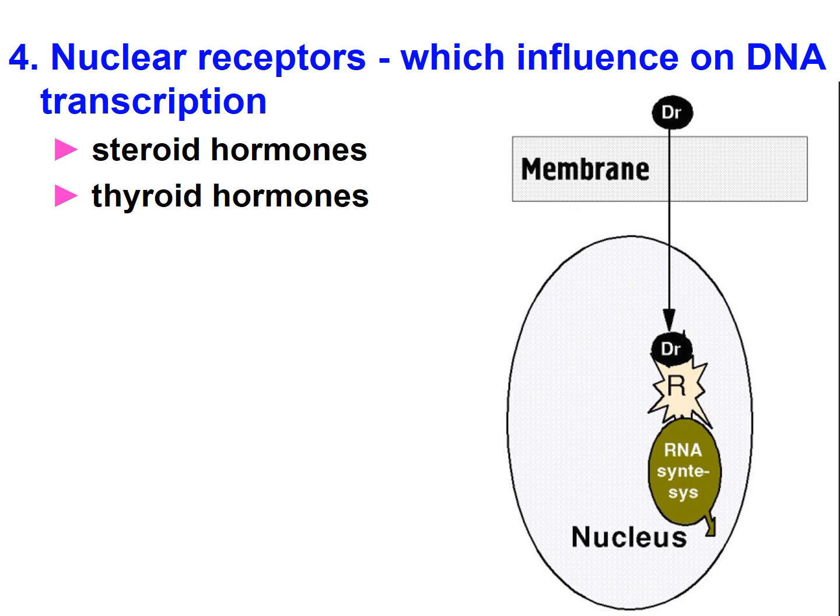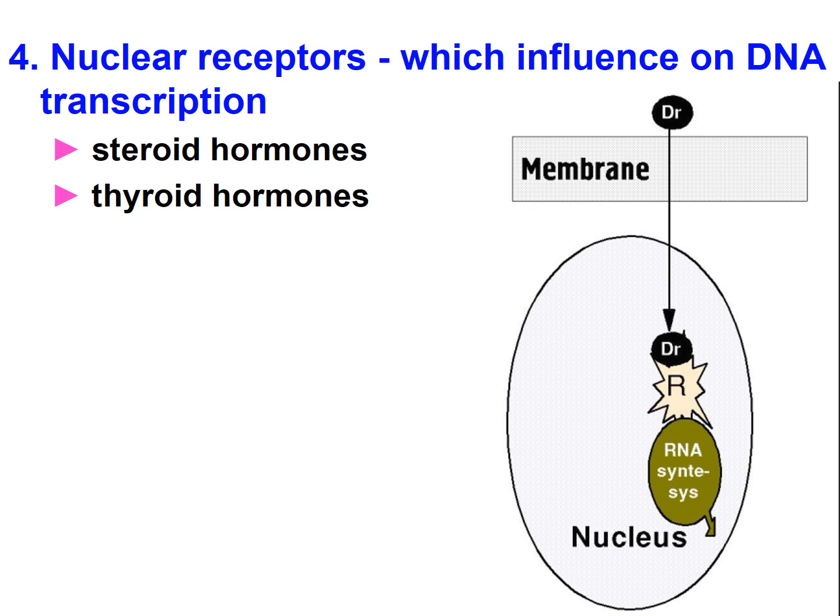Nuclear receptors. These receptors affect the process of DNA transcription, and in this way they can regulate the expression of different genes in our cells. And examples of these receptors are steroid hormone receptors and thyroid hormone receptors. As opposed to all other types of receptors which we described before, nuclear receptors are located inside of the cell.